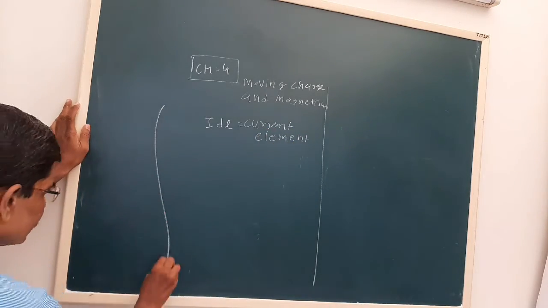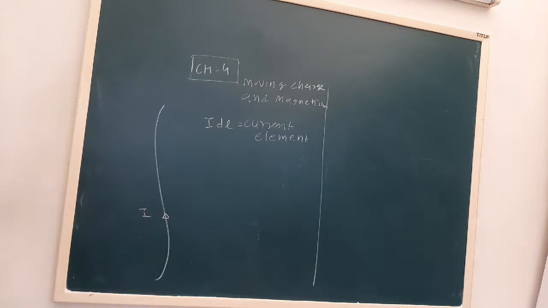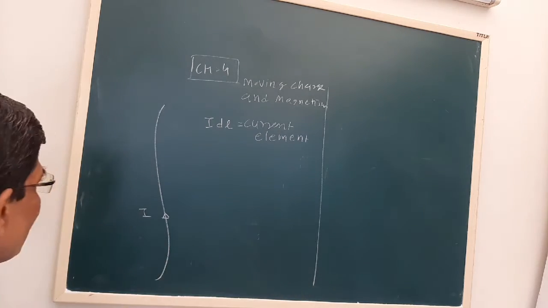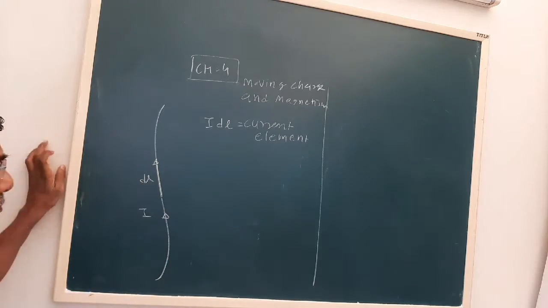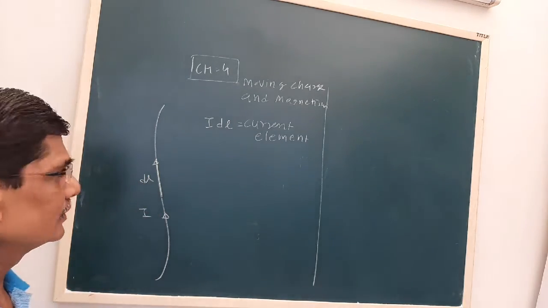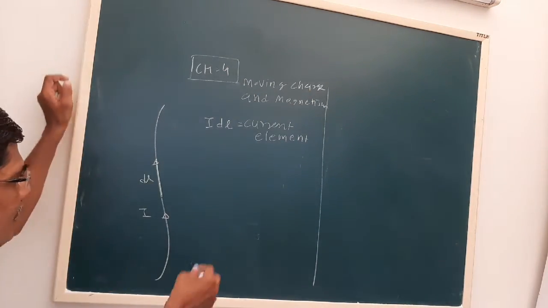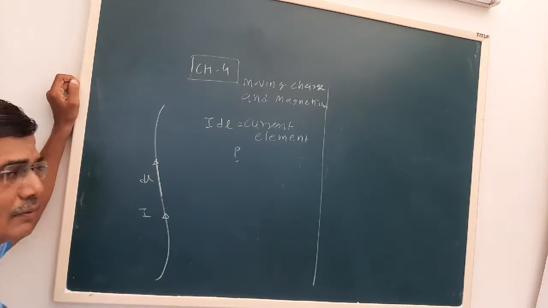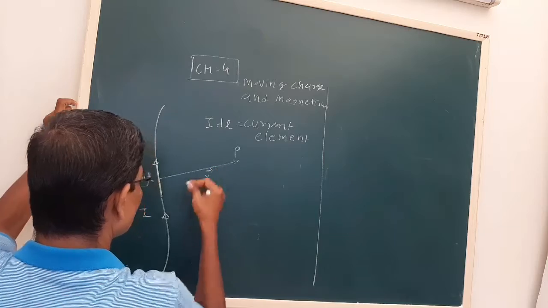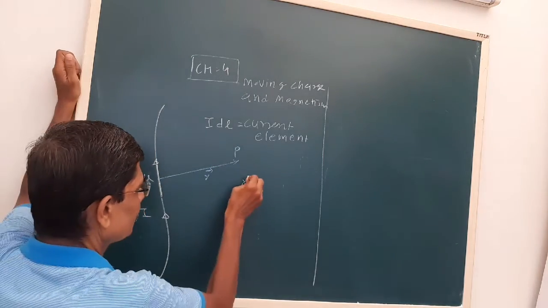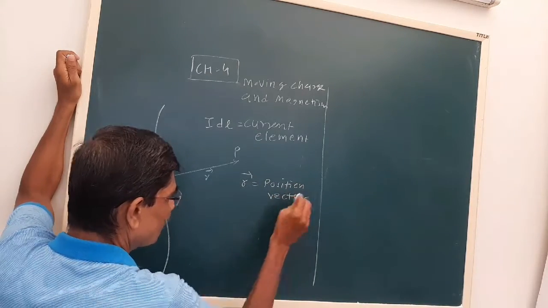Now let us say a conductor is like this, current is I. Suppose we consider a small part of length dl, then I into dl is called the current element. Due to this current element, suppose we have to find the magnetic field at point P, which has a position vector r.